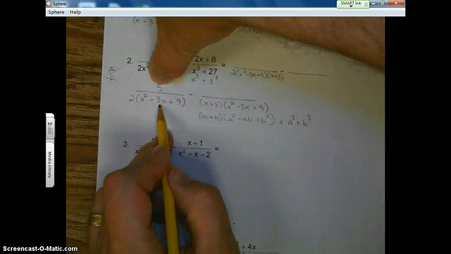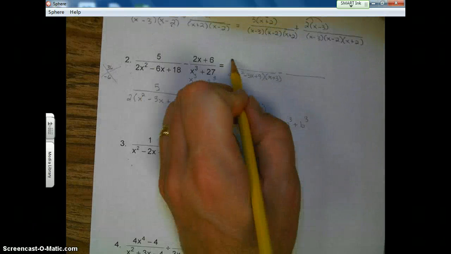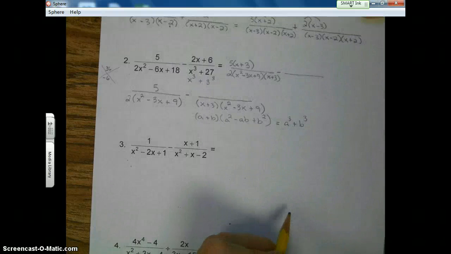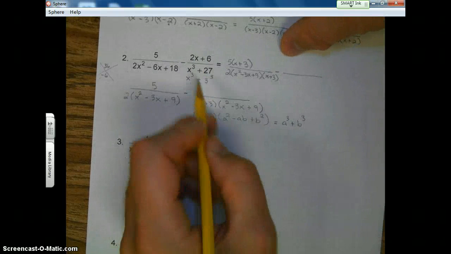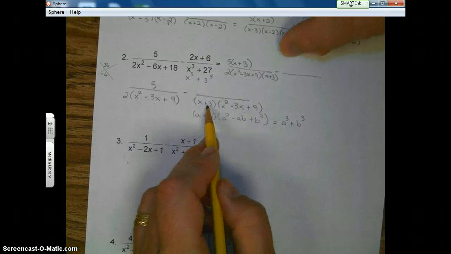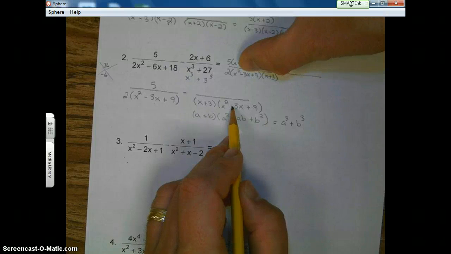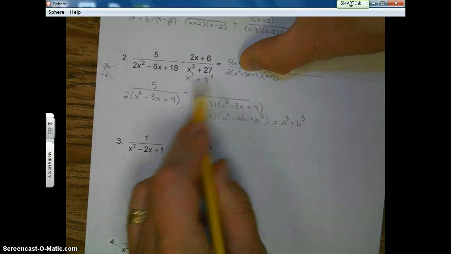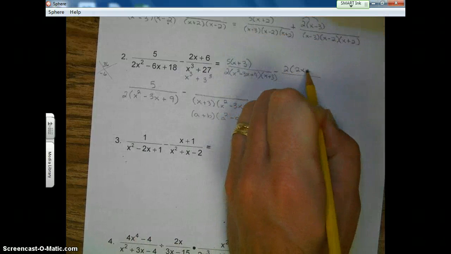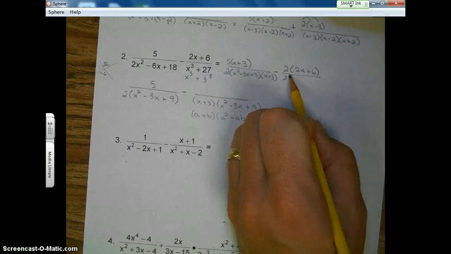We already have the x squared minus 3x plus 9, but we need the x plus 3. For this numerator here, we already have the x plus 3. We already have the x squared minus 3x plus 9, but we need the 2. So we're going to have 2 times 2x plus 6. And that's going to be over our common denominator.